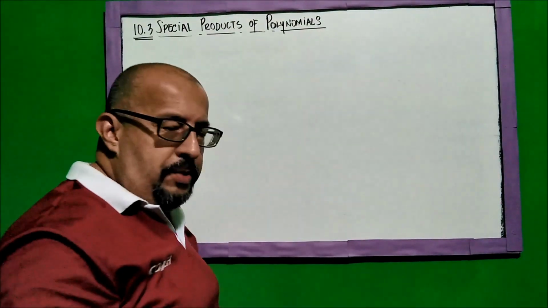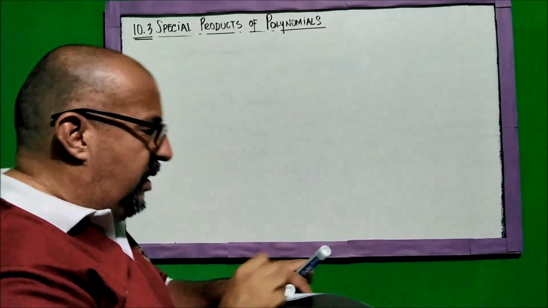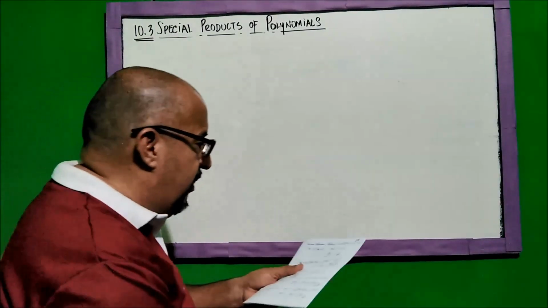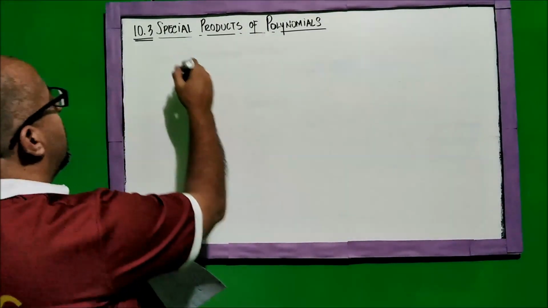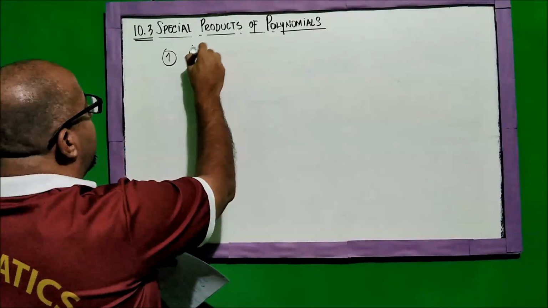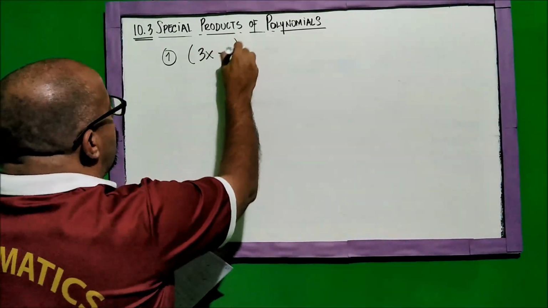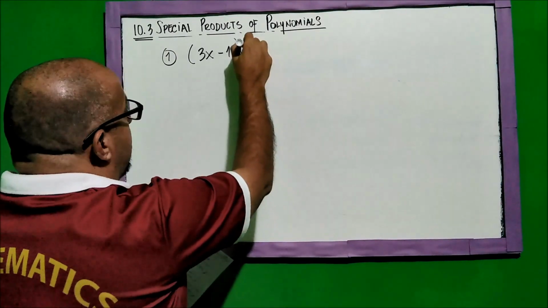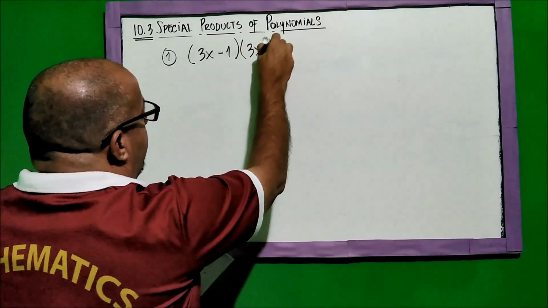Here I have some suggested problems for you so that you can see how the procedure is going to be applied. For example, exercise number 1. We have 3x minus 1 multiplied by 3x plus 1.